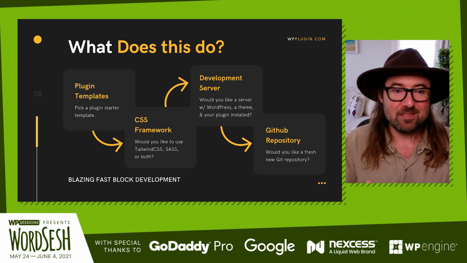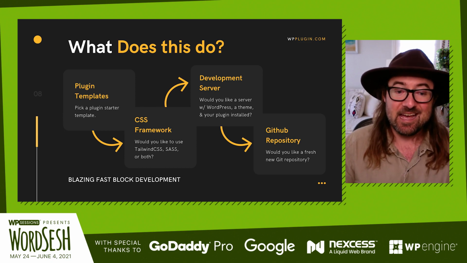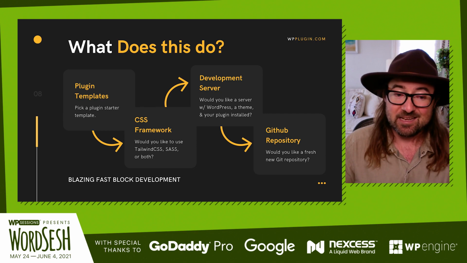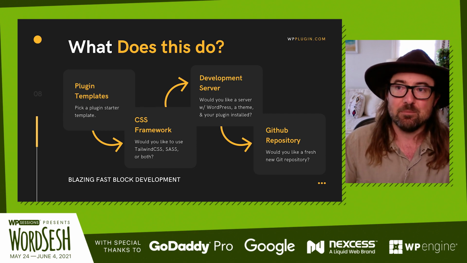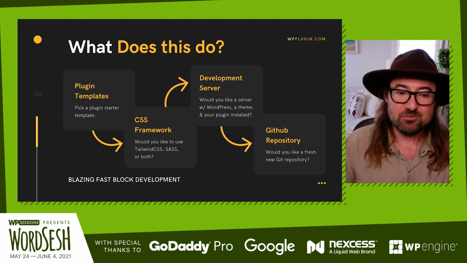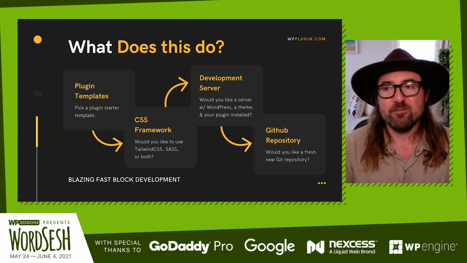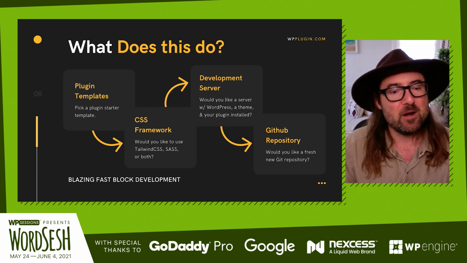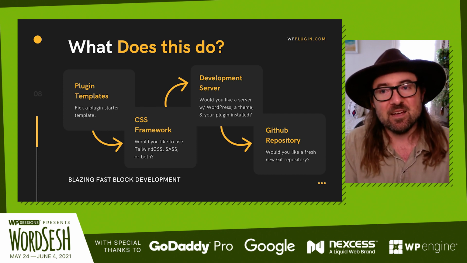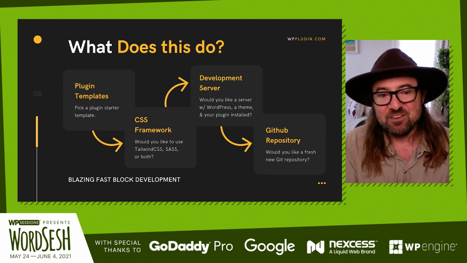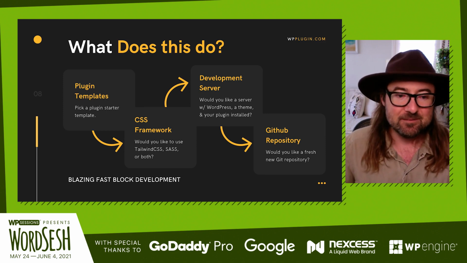The next thing this does is it allows you to easily add Tailwind, or use Sass or CSS. Now the Create Block package allows you to use Sass, but I added Tailwind to this because I feel like Tailwind is the perfect framework for building blocks, because it's all utility based and you can strip out all the stuff that you don't need.